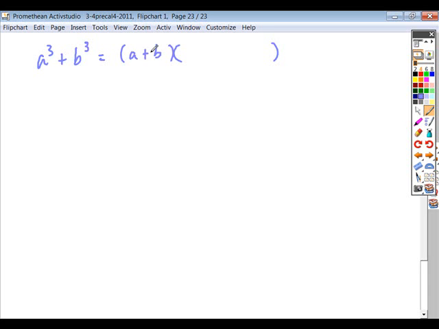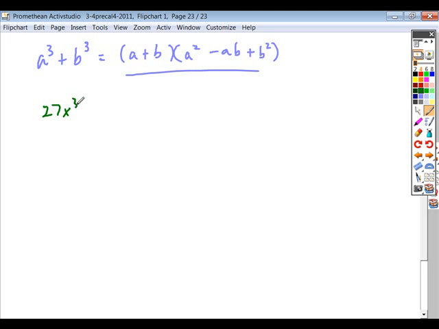Your trinomial factor is going to be the first base squared, so we're going to square A. The last term of our trinomial is going to be the second base squared, so it's going to end with a B squared. And then if you take the product of your bases and you subtract it, or change the sign, that's your middle term for that trinomial. So A times B, change the sign, and you get your middle term. Okay, so that's how, again, I would present the sum or difference of cubes.